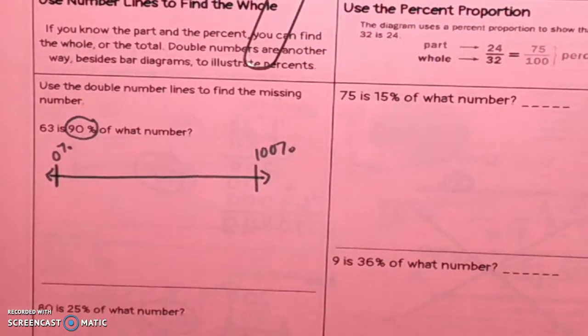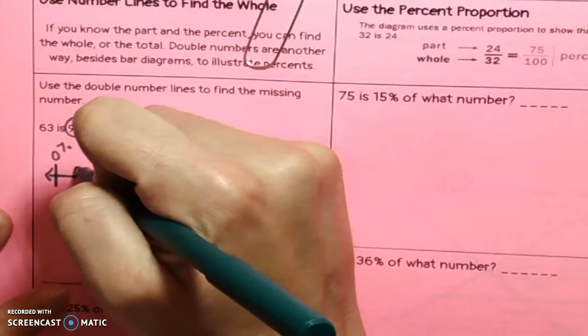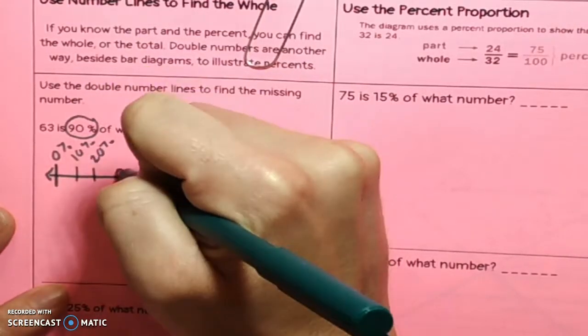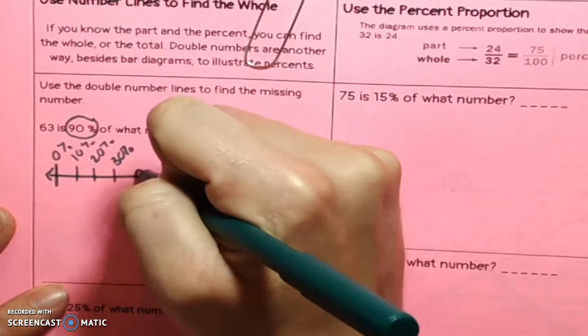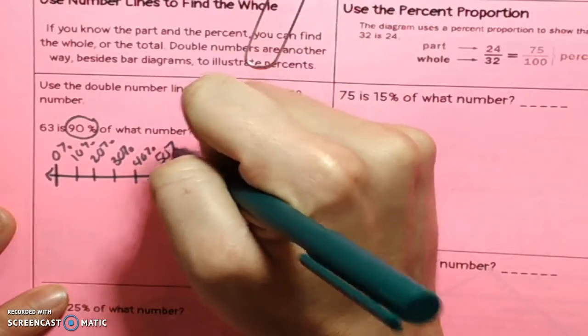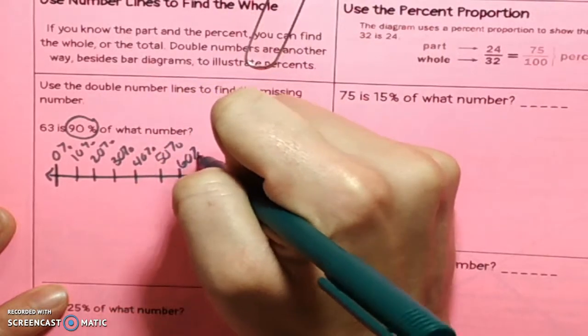So I need to count by something that goes to 90 and to 100. Tens. So we have 10%, 20%, 30%, 40%. You get my drift, right?